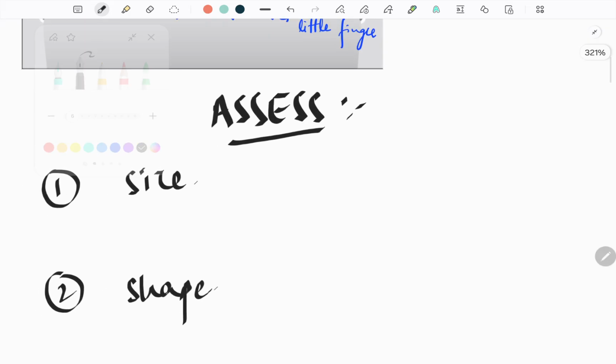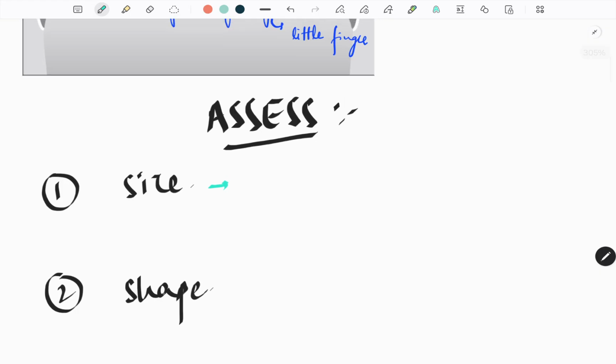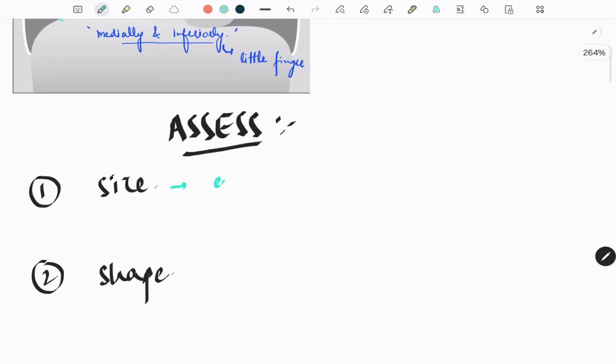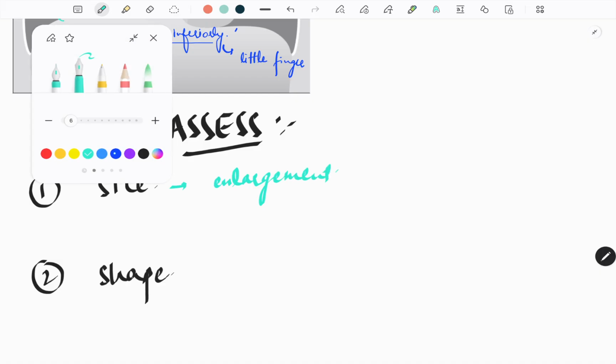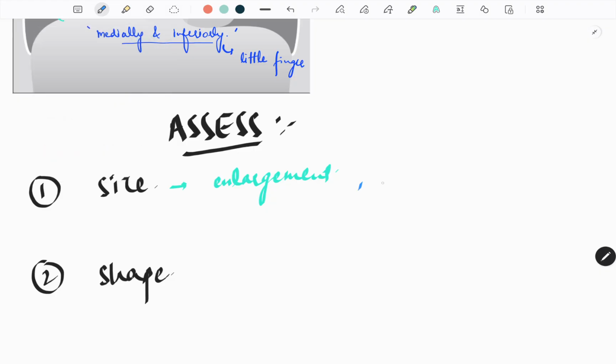By size, what do I mean by size? We should look for any enlargement here, any prominence here.